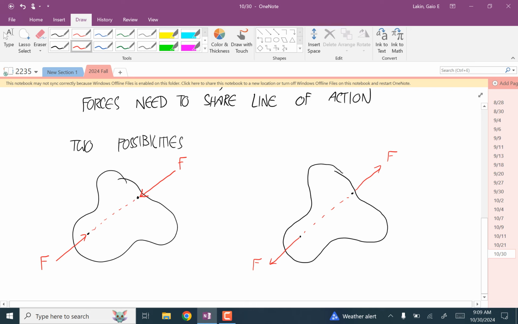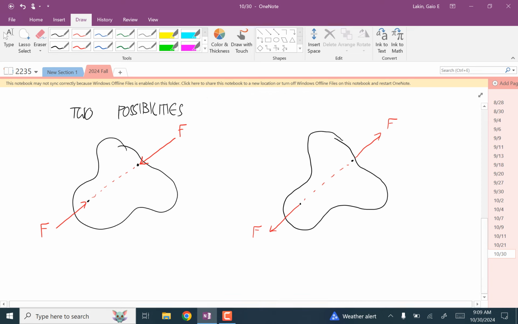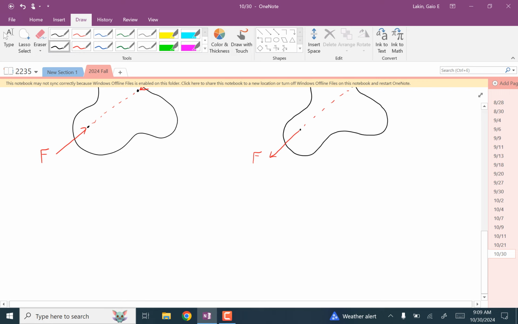If there is a third or more forces acting on this body, that ruins all of this. So the simplification that we're going to use is based on this assumption. And if you have more than two forces on a body, you can't use it. Okay? So this is only true for two force bodies.